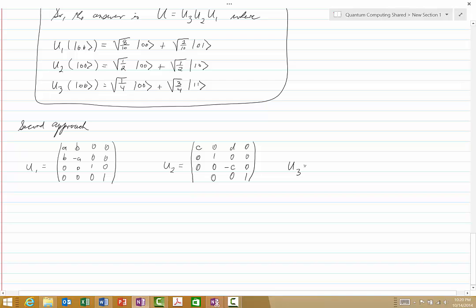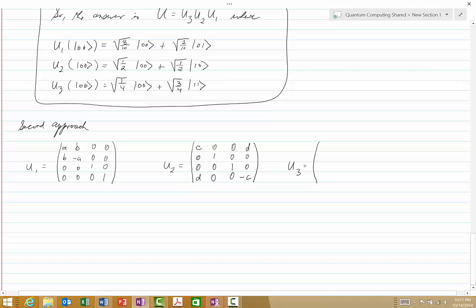We'd have C, 0, and then D, and then 1, 0, and then D, and minus C. Okay.